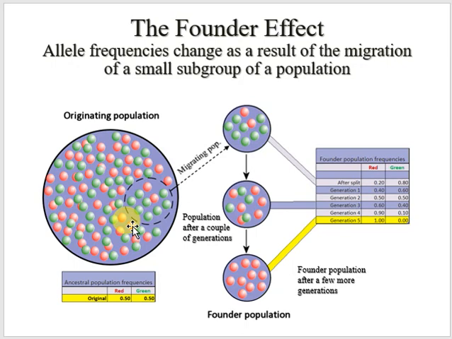So the small size of a founder population almost guarantees that its allele frequencies, one, will not be identical to the parent population, and two, are going to have significantly lower genetic variation than the parent population. Again, that's because only a small number of individuals are forming this new population.